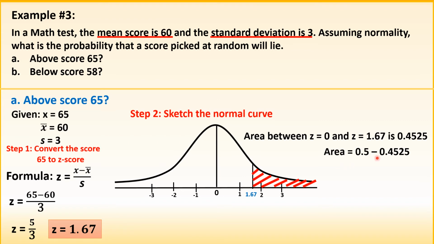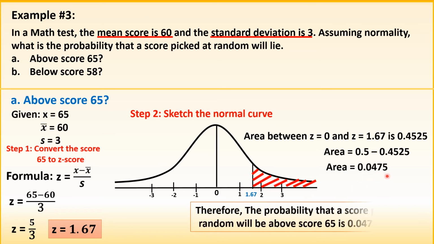Then, i-minus natin yung area na nakuha natin kanina from 0 to 1.67, that is 0.4525. Therefore, ang area na to ay 0.0475. So, the probability that the score picked up at random will be above score 65 is 0.0475 or that is equal to 4.75%.